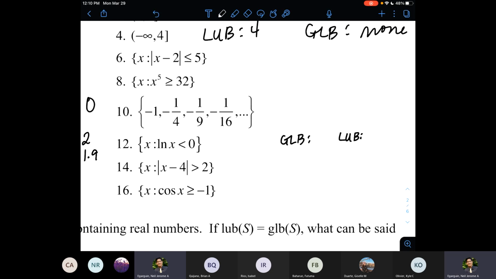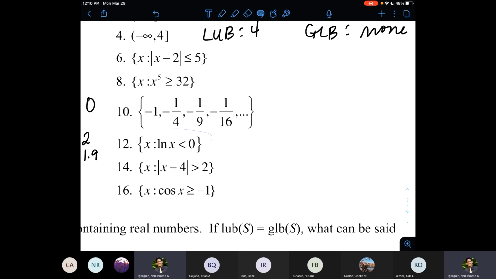Okay, there are some instances wherein looking for the GLB and the LUB might be difficult, so maybe you can try to rewrite the set into an easier representation, right? So let's try problems 12 and 14, and I'm going to include the detailed solution.